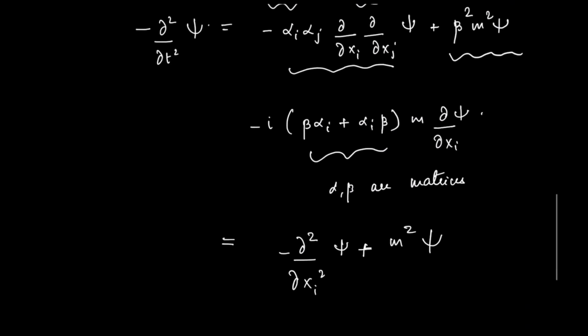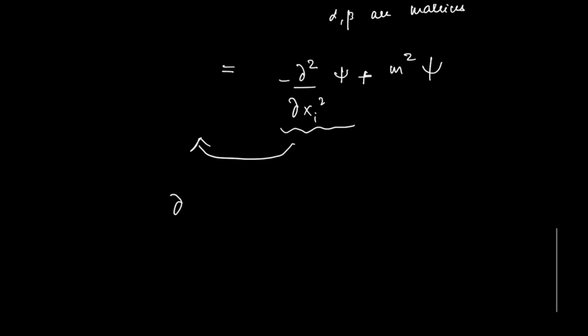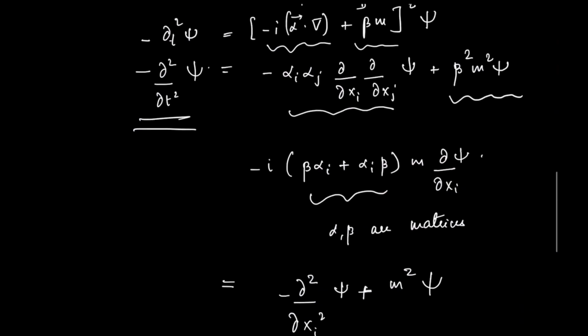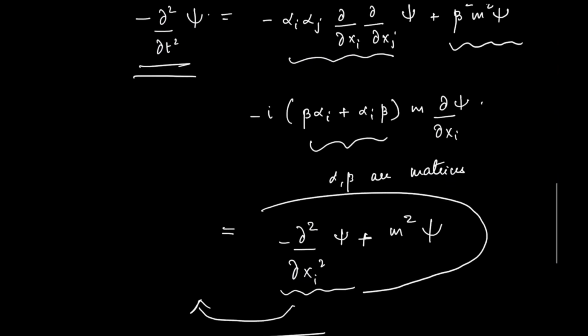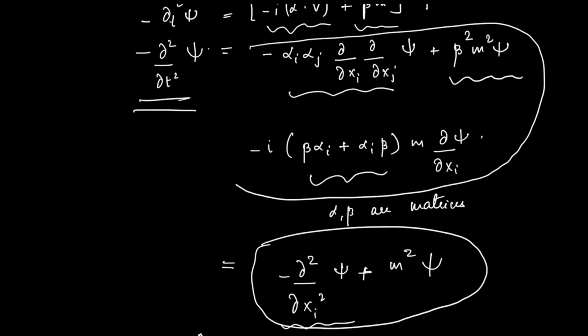Then if I take this spatial derivative to the other side, I will get partial square psi equal to m square psi. So it will be of this form, which is the Klein-Gordon equation. So for this to happen, this must be equal to this. Okay, so I have to compare these two expressions.